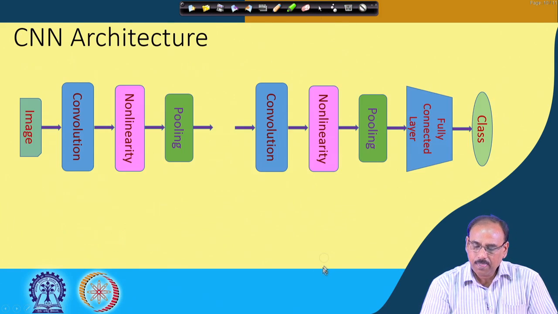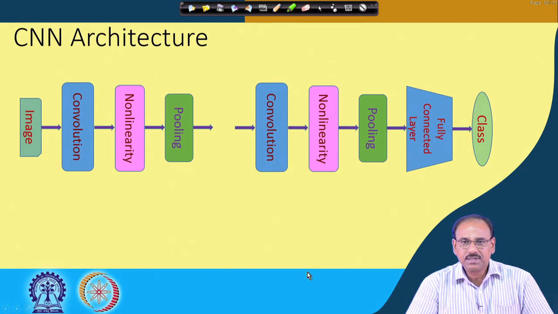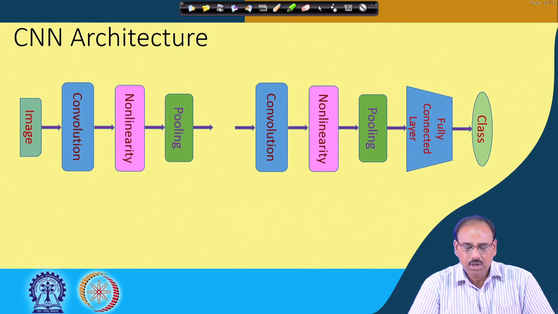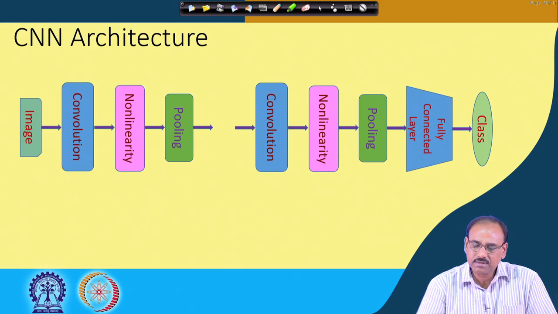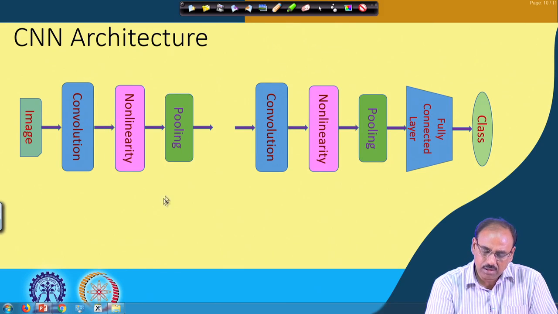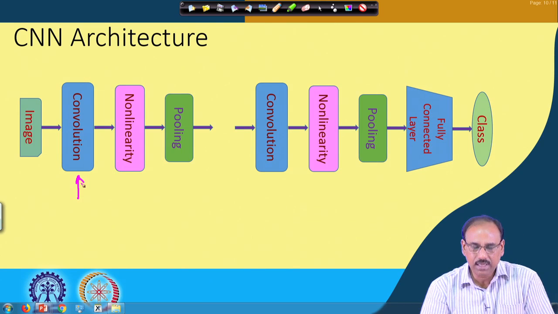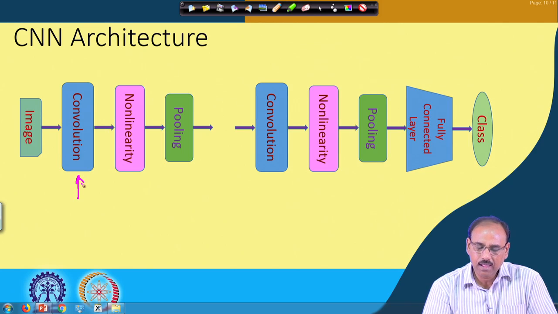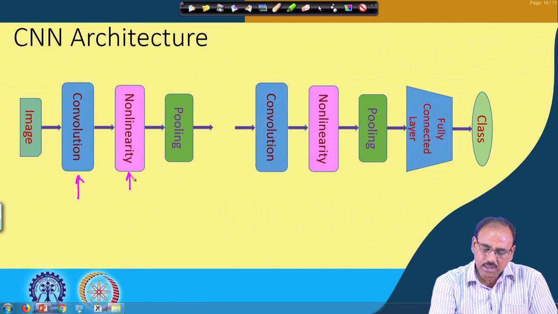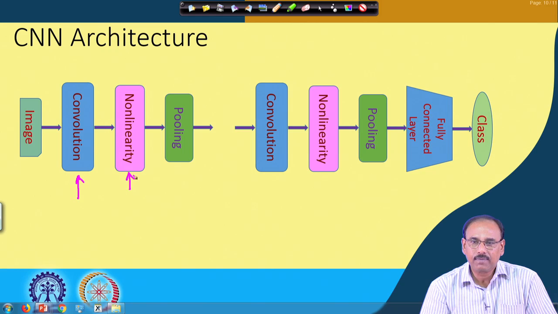So, given this, a typical architecture of a CNN or convolutional neural network will have the following layers. The convolution layer performs the convolution operation. Then the output of the convolution passes through the nonlinearity. We have seen earlier the power of nonlinearity, that it gives a nonlinear mapping of the input signal in such a way that after the nonlinear mapping it becomes linearly separable.